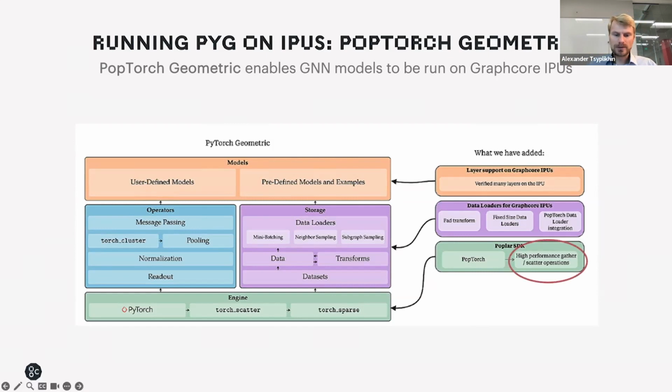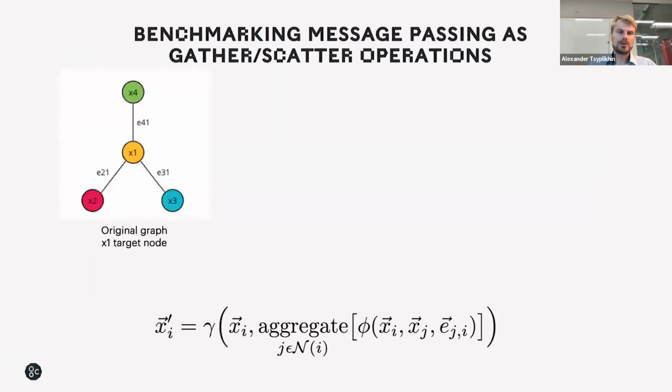A couple of words about message passing and why gather and scatter are important here. When we aggregate the embeddings from the neighboring nodes to compute a new, aggregated embedding for a specific node in the graph, an operation like this happens.